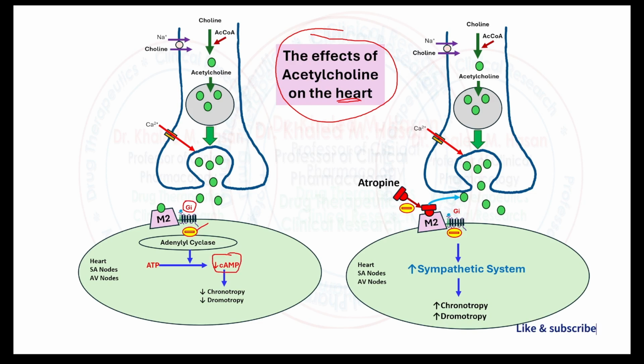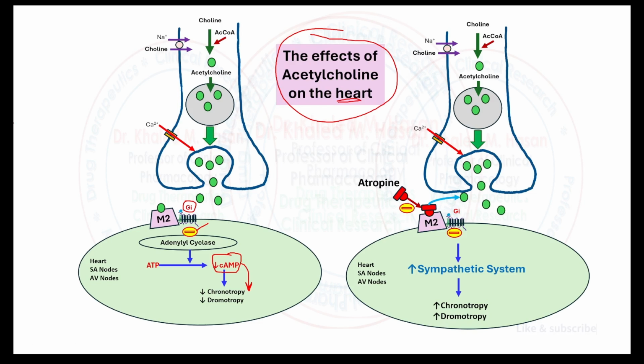This leads to bradycardia, decreased heart rate, and decreased contractility. So this explains why acetylcholine causes bradycardia: three steps. Number one, binding to the M2 receptor, activating the Gi protein, and decreasing cyclic AMP. What happens when you prescribe atropine to the patient?